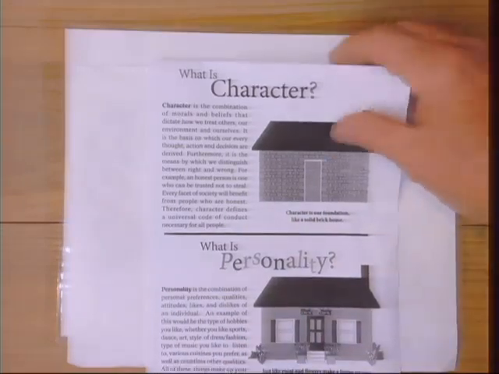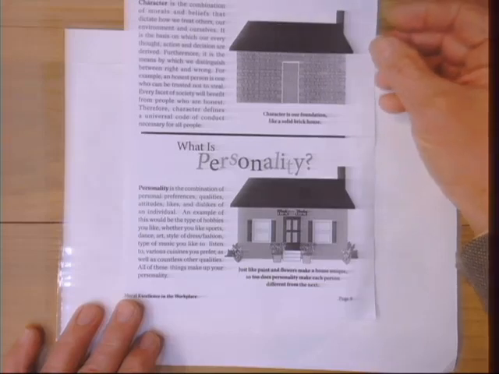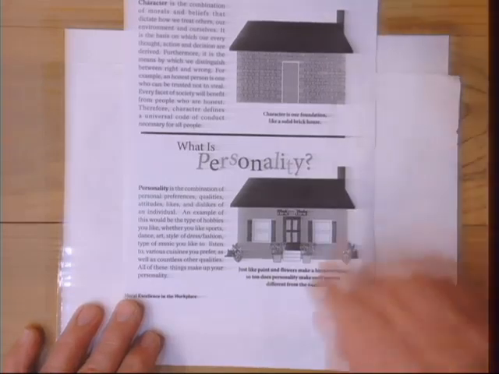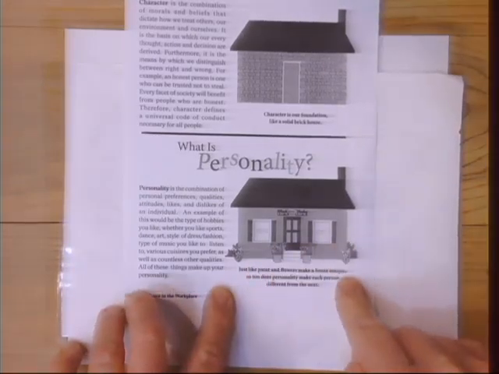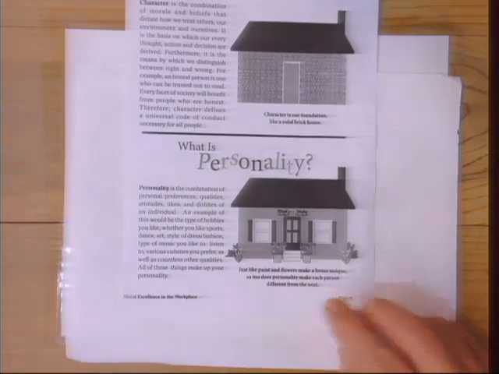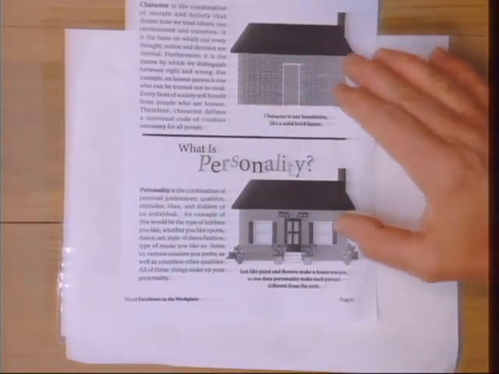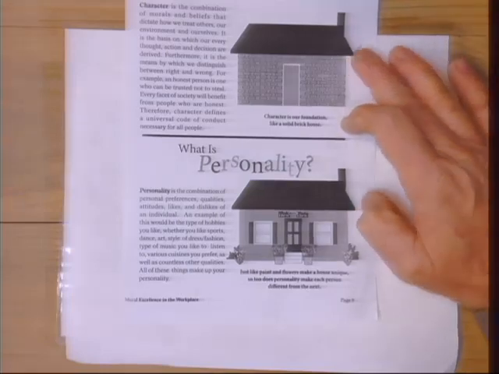And then we can look at this next picture, and it says, what is personality? Well, just like the paint and the flowers make a house unique, so does personality make each person different from the next. Now, when I first saw this, it's in the workplace manual actually, but when I first saw this, that stood out so well.